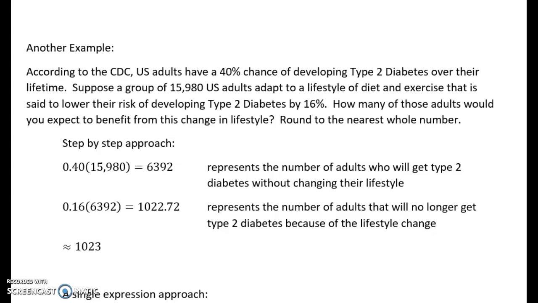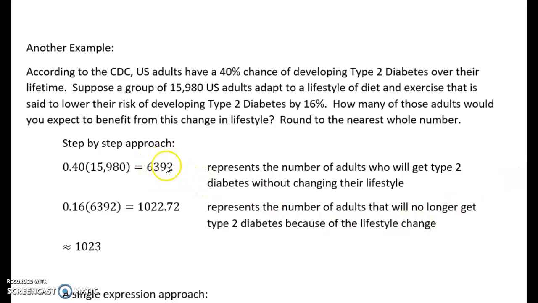All right, so here's one step-by-step approach. We can first find 40% of the entire group, 40% of 15,980, by changing the 40% to 0.40, multiplying it by 15,980 to get 6,392. Now this represents the number of adults who would get type 2 diabetes without changing their lifestyle. Now we're going to take 16% of this number.